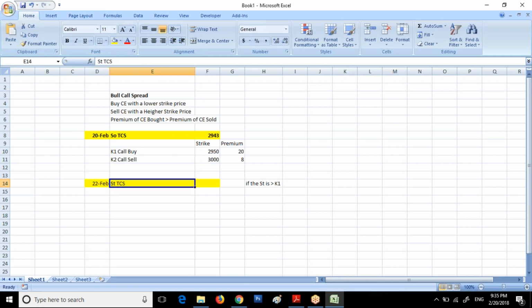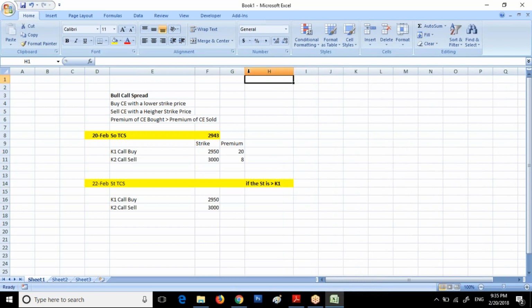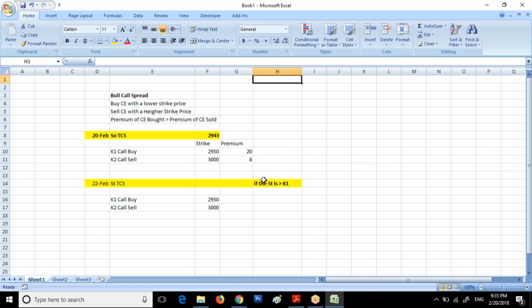On 22nd of February, what happens is, let's suppose the TCS spot price is more than K1.